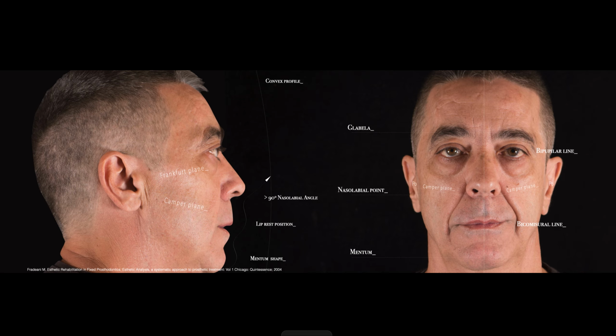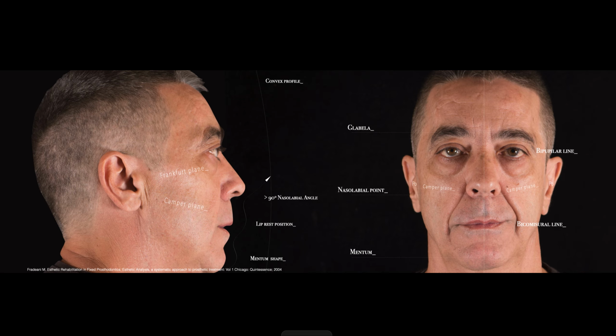That will tell us if the patient has a class 3 with a big jaw prognathism or frontal position, and that's going to help us to understand more or less the symptoms or the situation that we will have in the mouth exploration.